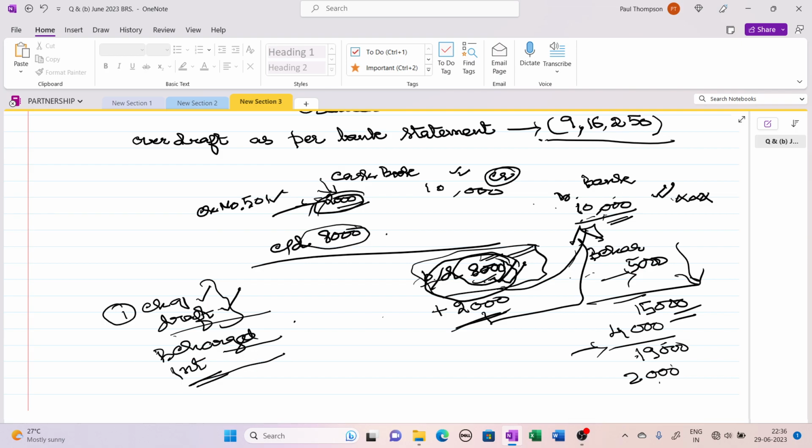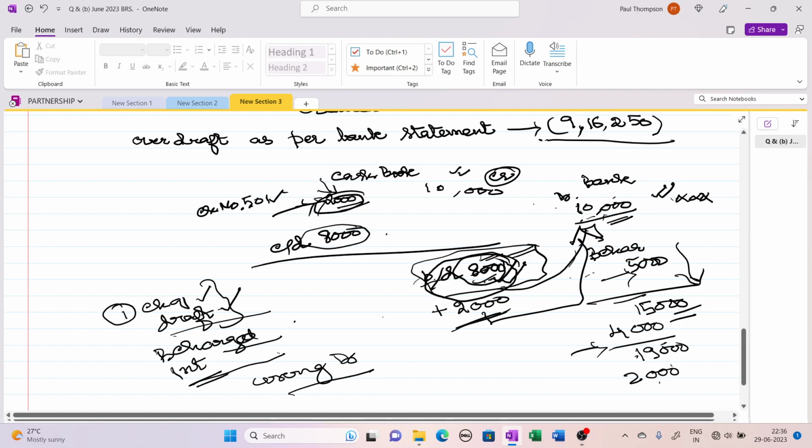Any interest debited by the bank for the overdraft or for anything else will increase your overdraft in the bank statement. Then any wrong debit made by the bank will also increase the overdraft in your bank statement.